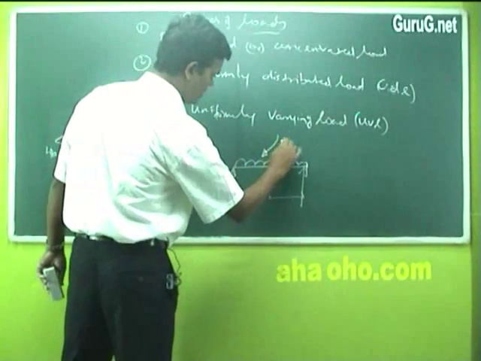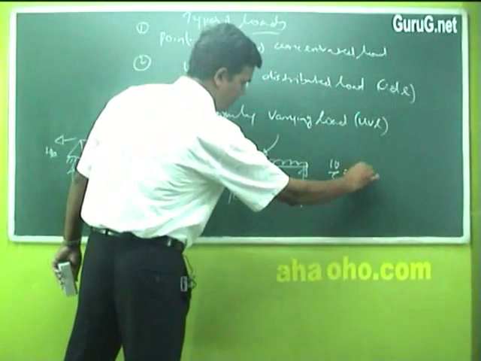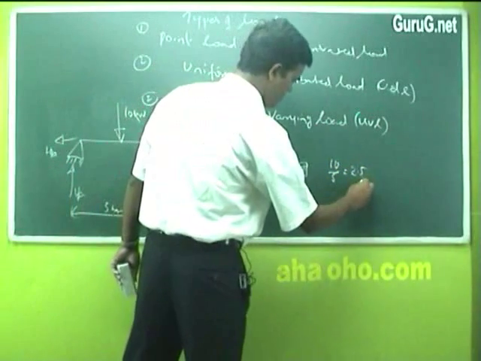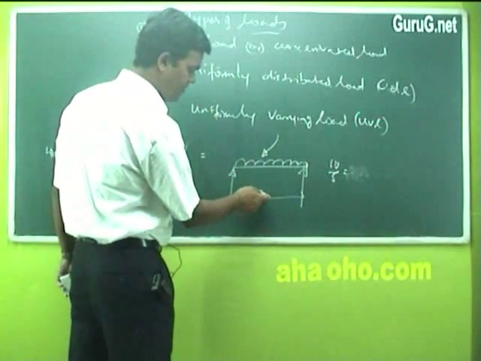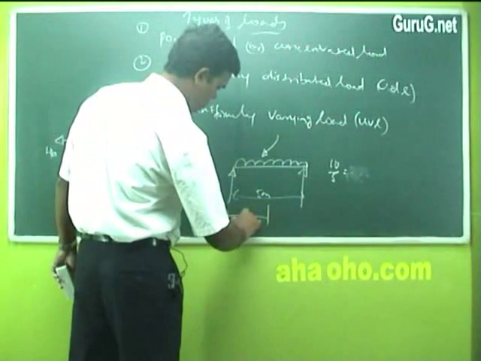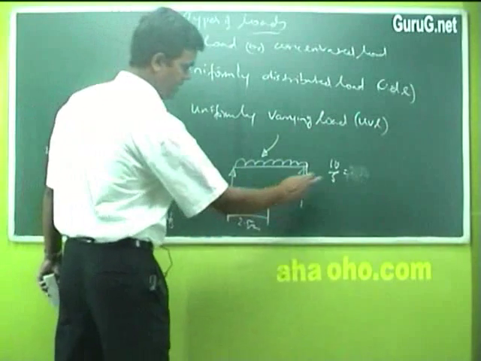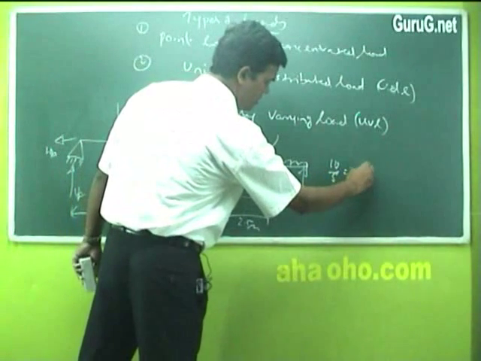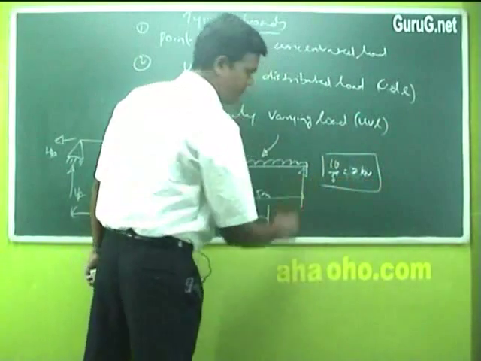The 10 kilonewton at the center of this 5 meter, 10 by 5, this is 2 kilonewton is your load.